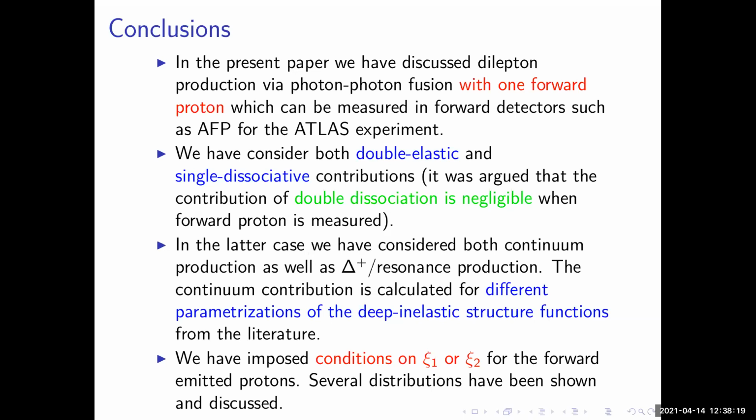But we have shown that if you remove this condition of small PT of the pair, then those gap survivals are much bigger. So it would be very interesting if Atlas measures these larger PT pairs, and one could test if we understand those gap survivals, because this is one thing which was never tested to my mind. It would be good if Atlas could really go to this region, and then one could test gap survivals.